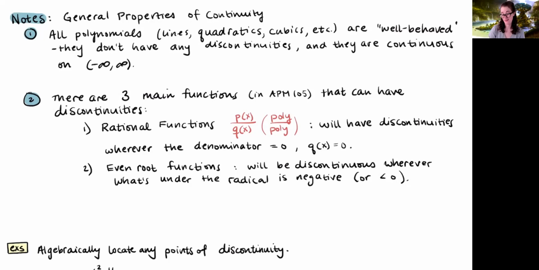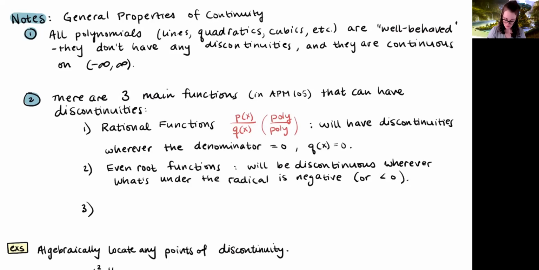That gives you an undefined value. There's never going to be a part on the graph, no points at all, when you have a negative underneath. So that's the second kind of function.